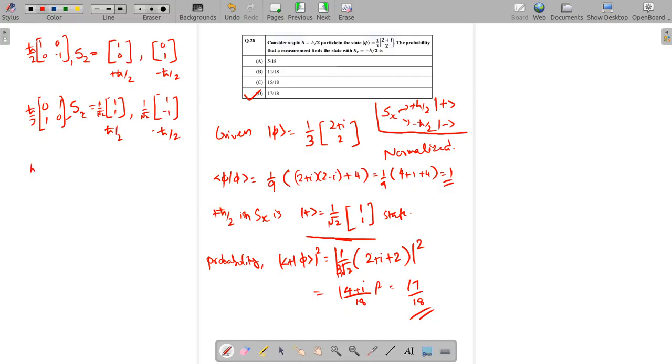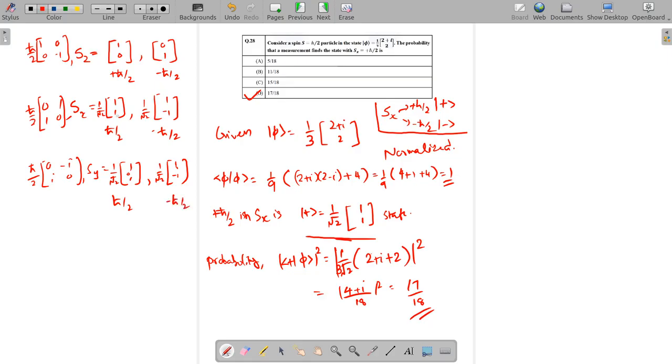Similarly, the y matrix is (0 -i; i 0). This is the Pauli Sy times ħ/2, the spin operator, and it has the states 1/√2 (1, i) and 1/√2 (1, -i), the plus ħ/2 and minus ħ/2 states.